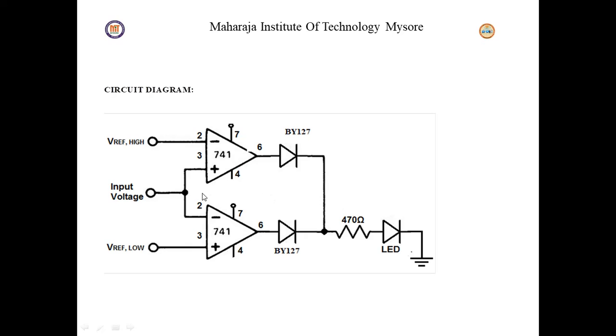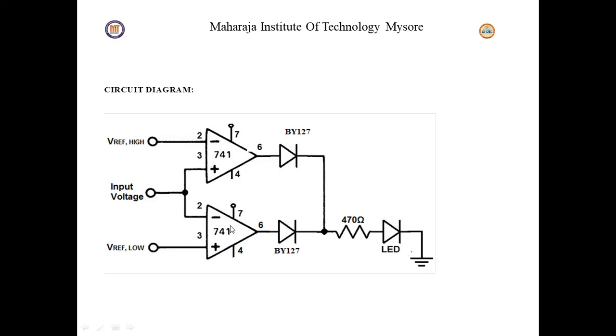When Vin is lesser than the lower threshold point and lesser than the upper threshold point, the diode D1 is reverse biased and D2 is forward biased. So V0 will be plus Vsat.